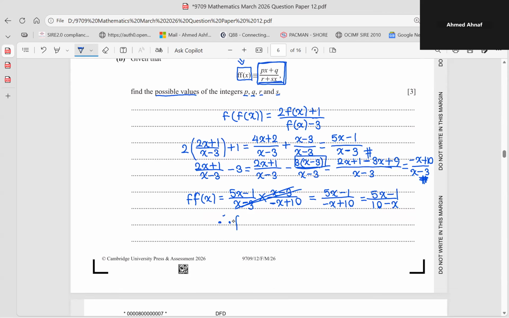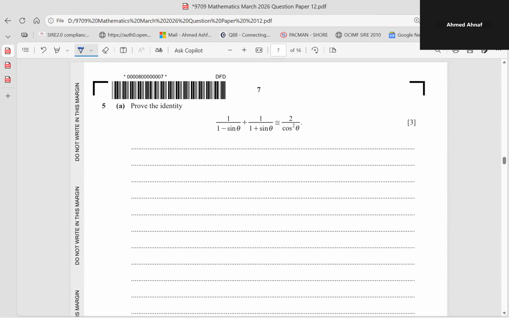And hence P is going to be 5. Q is going to be -1. R is going to be 10. And S is going to be -1. So these are our final answers for this last part as well as the entire question. Let's move on to the next question.